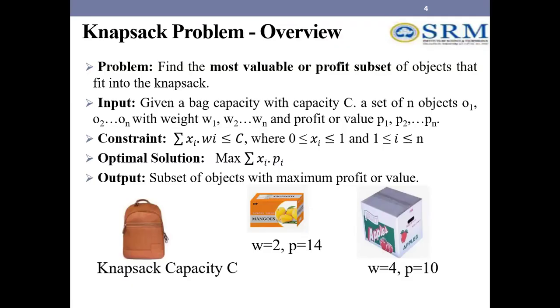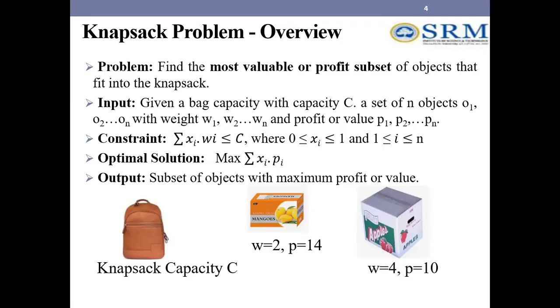The optimal solution is the maximum of the sum of xi times pi. If an item is added, the xi value is 1, so we add the profit or value of the items added in the knapsack. That should be maximum. That is called the optimal solution or objective function. And the output is the subset of items with the maximum profit or value that fit into the knapsack.